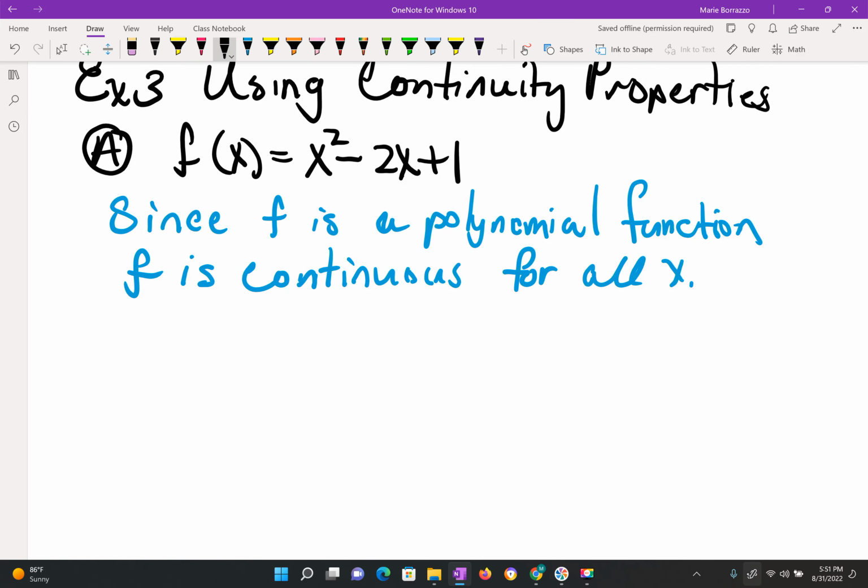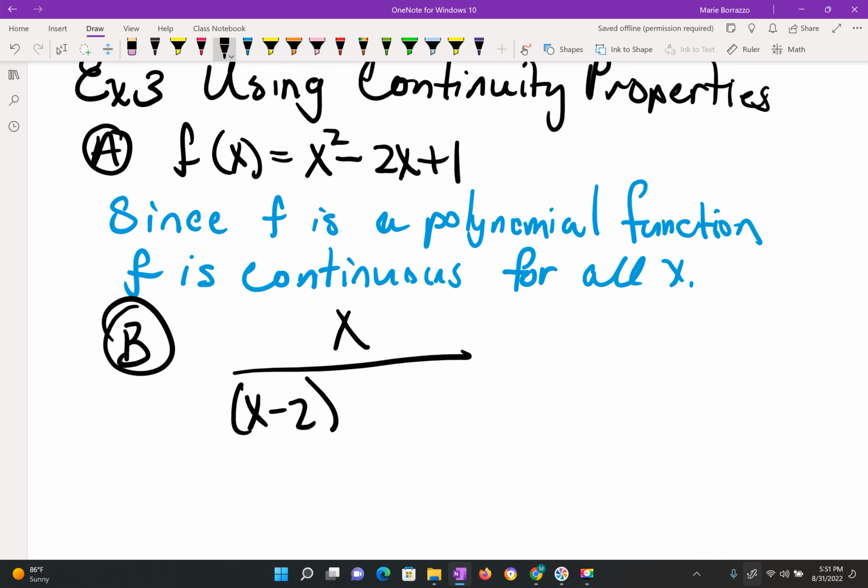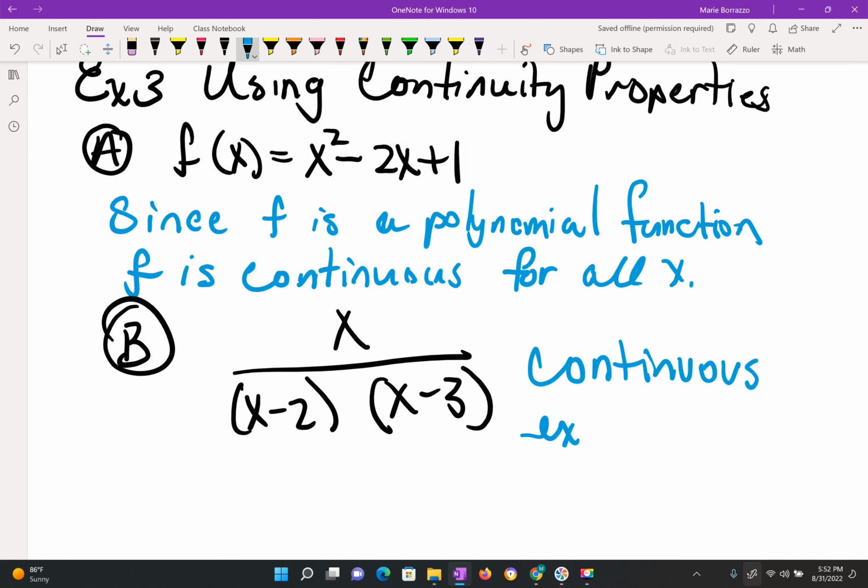For b, I'll give you example b. So example b, we have x over x plus 2 and x minus 3. So obviously we have two zeros here. So we would say it's continuous except at x equals negative 2 and x equals 3.